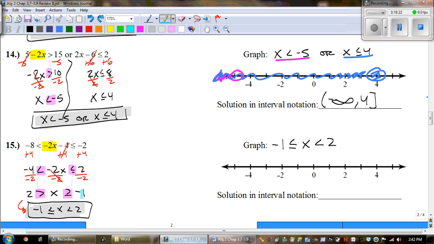You had to pay very close attention to which way that inequality is. Okay? So as I'm graphing that, I'm closed at negative 1, open at 2. So there's our graph. And then interval notation, bracket negative 1, parentheses 2.